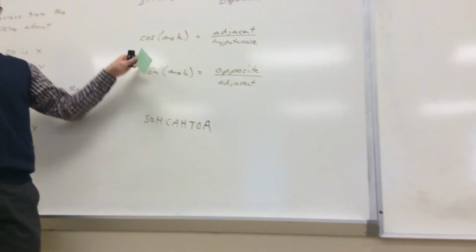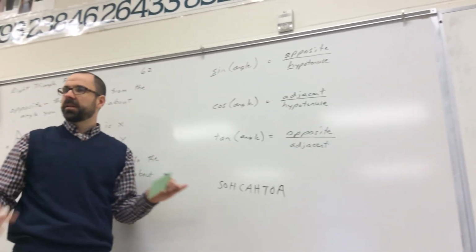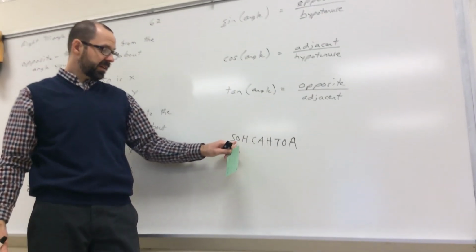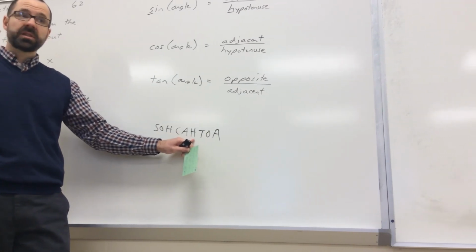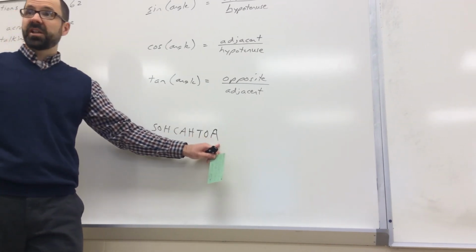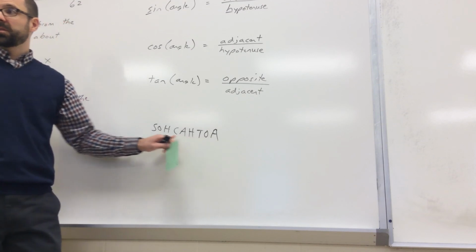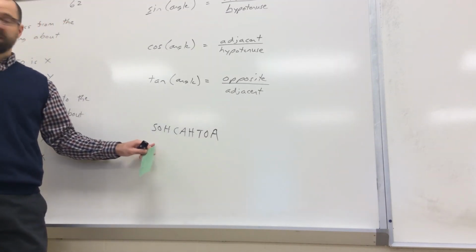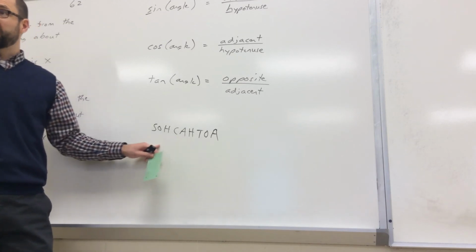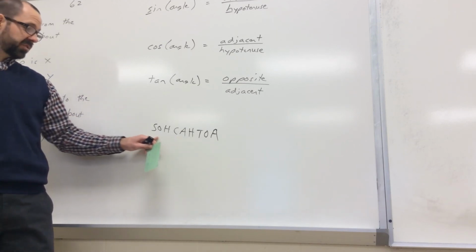So I'm taking all this information up here and kind of condensing it. So this is sine, opposite hypotenuse, cosine, adjacent hypotenuse, tangent, opposite adjacent. Kind of all together in one condensed area. And I don't know if this is a word, but if you wanted to pronounce it, you could pronounce it SOHCAHTOA.